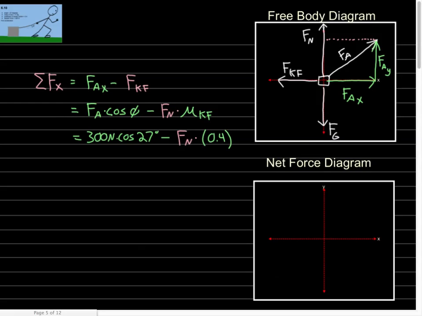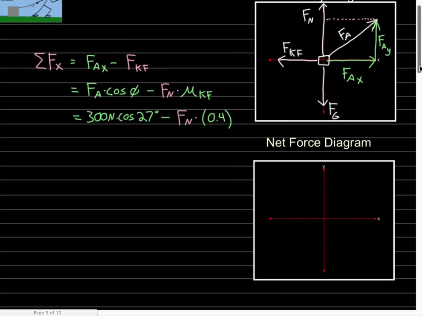So to find the normal force, we need to go to the forces in the y direction. The sum of forces in the y direction is known. It's equal to 0. So the sum of forces in the y direction is equal to 0, which is equal to our unknown normal force plus the force of A in the y direction minus the force of gravity.